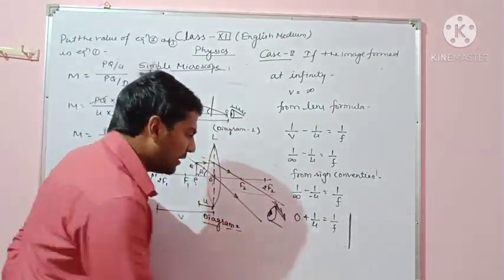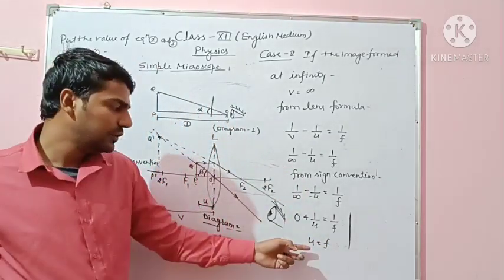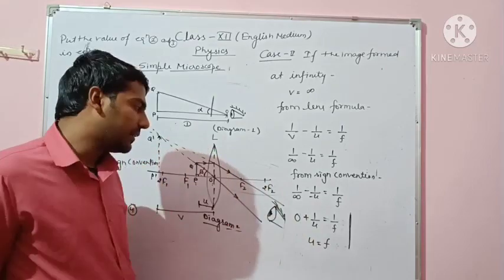We calculate the value of u equals f, which means the object distance equals the focal length.